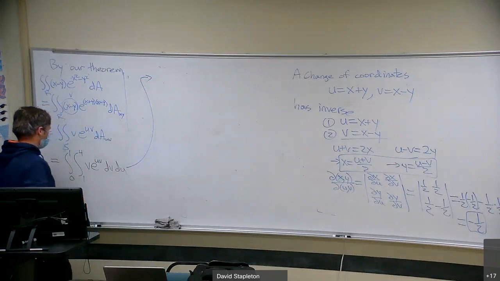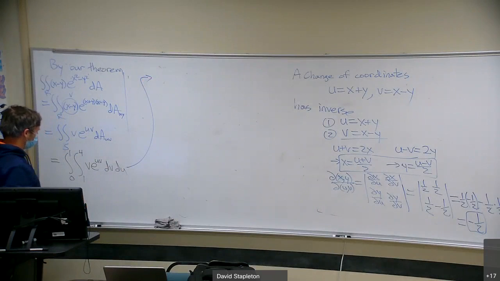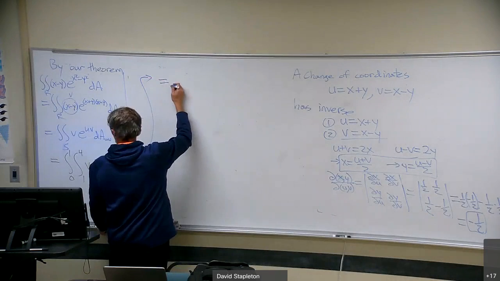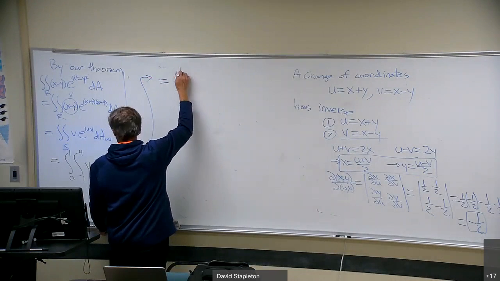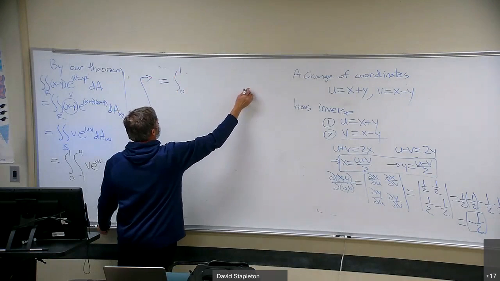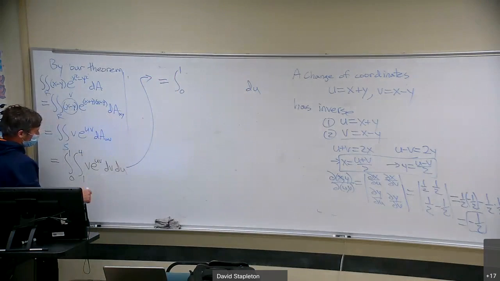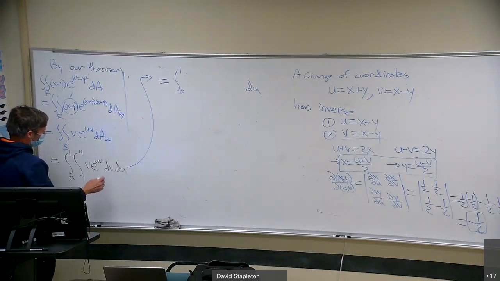All right. So now we need to be able to evaluate this one. Remember, integration by parts can apply to the inside one. So this is going to be the integral from 0 to 1, du on the outside. And unfortunately, we've got u and v here, so we write integration by parts differently.